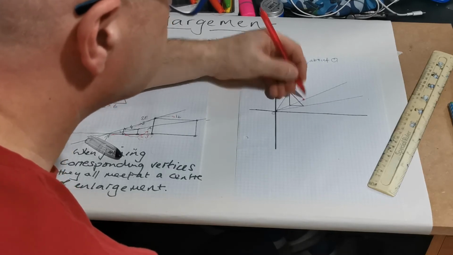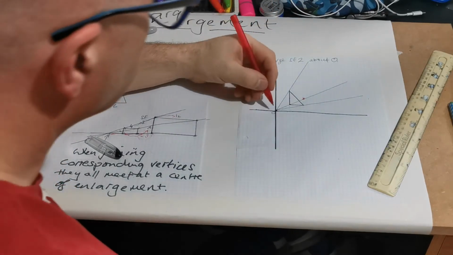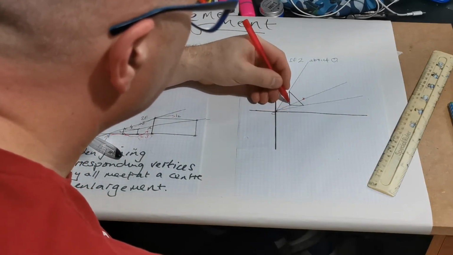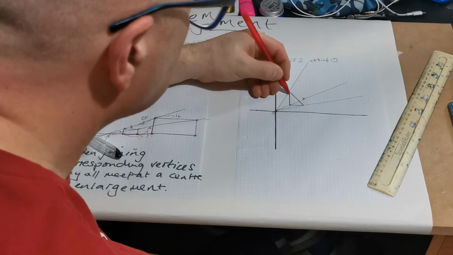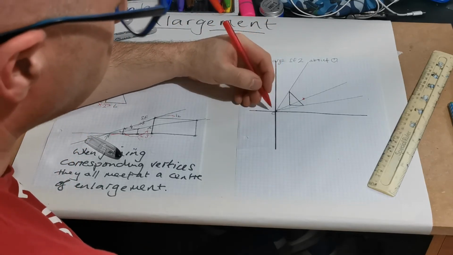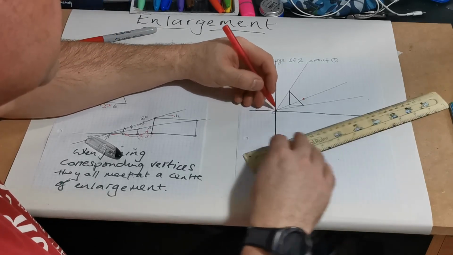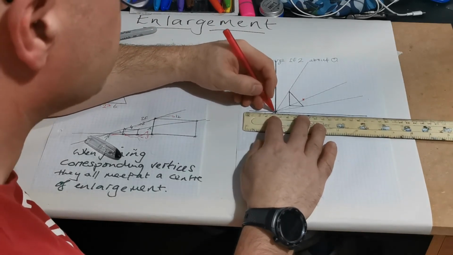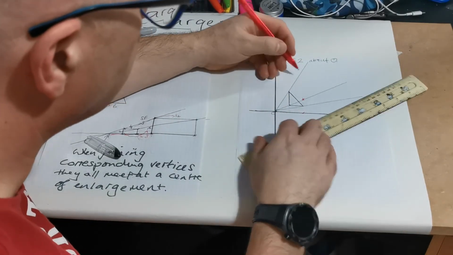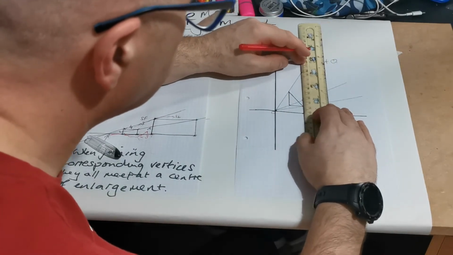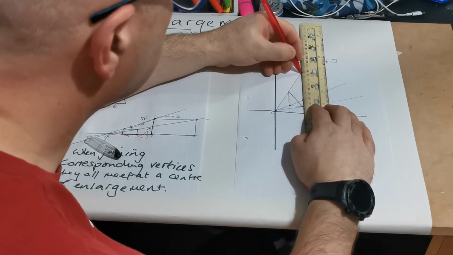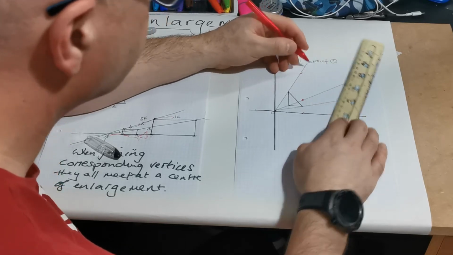Actually, it's about here. And when I go to this point here, I'm going 4 along, 3, 4, 5, 6, 7, 8, 9. So if I want to go to the enlarged point, I want to go 8 along, so that's double that initial 4, and then 18 up, which should get me to about here somewhere.